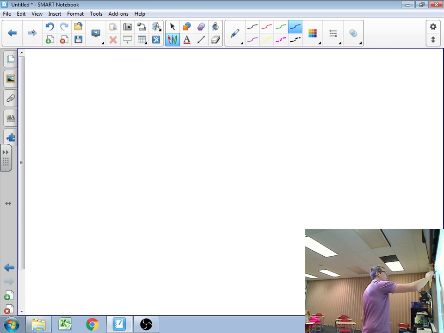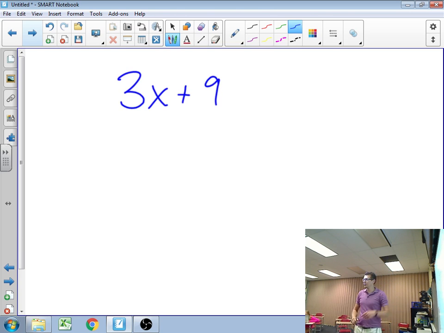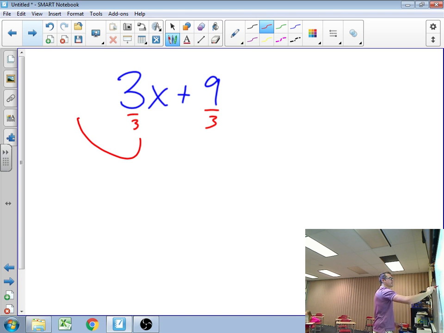Like if I had two non-like terms, 3x plus 9. Can I add 3x and 9 together? No, but they do share a common factor. This is a multiple of 3, and this is a multiple of 3. So I could pull the 3 out of both of them, like divide by 3, divide by 3. But what that really does is it pulls the 3 to the front, if I'm going to show this as factoring.